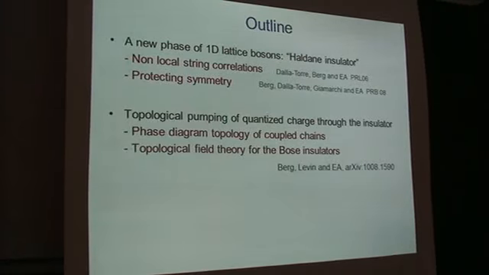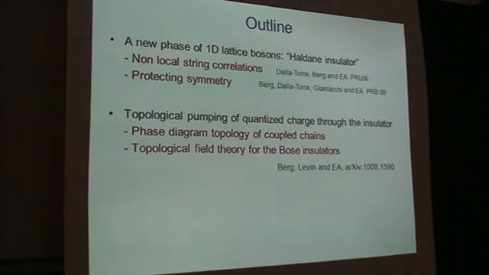And sorry, the outline of my talk is, I'll show you that there is, and we termed it Haldane insulator because of analogies with spin 1 chains. Just like the Haldane phase, it is characterized by non-decaying string correlations, and it has a symmetry protecting it. It's protected by inversion symmetry, as I'll show, this kind of insulator.